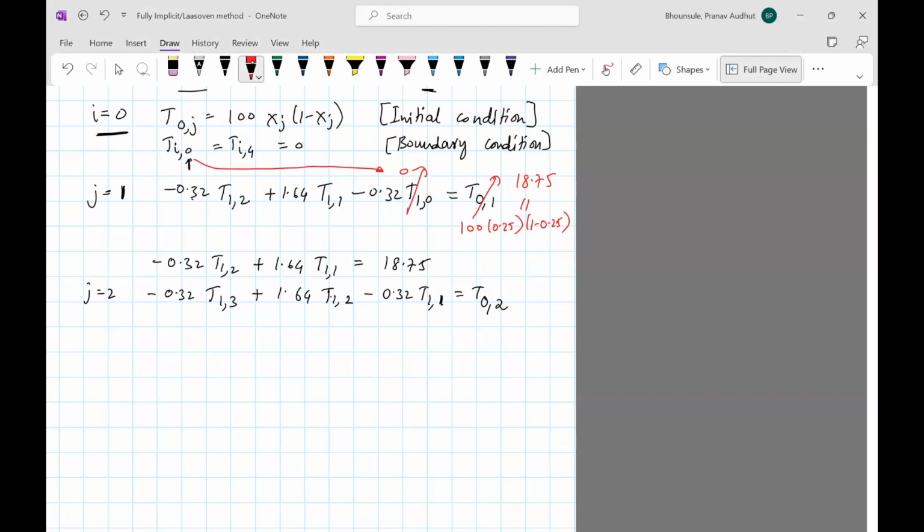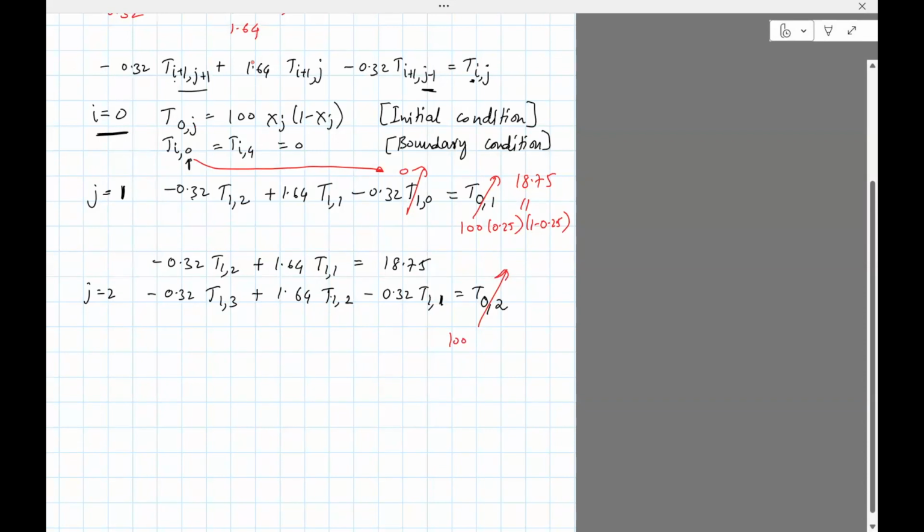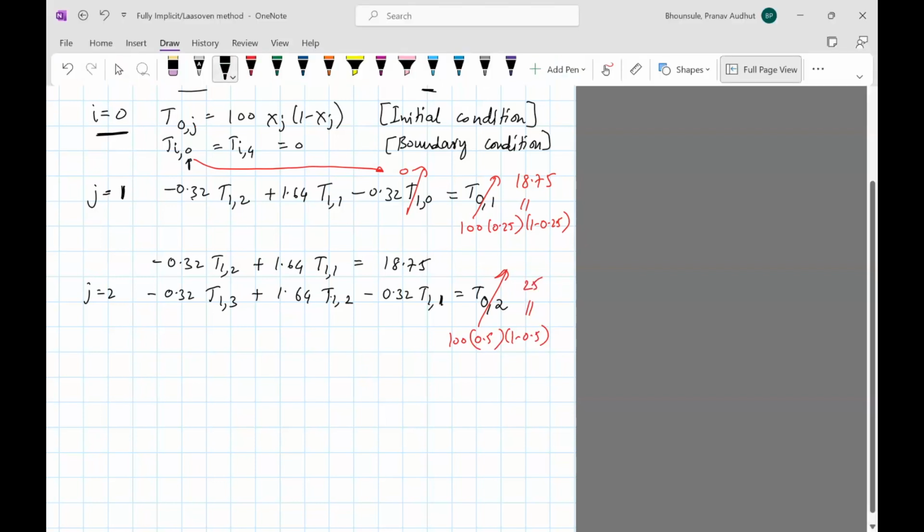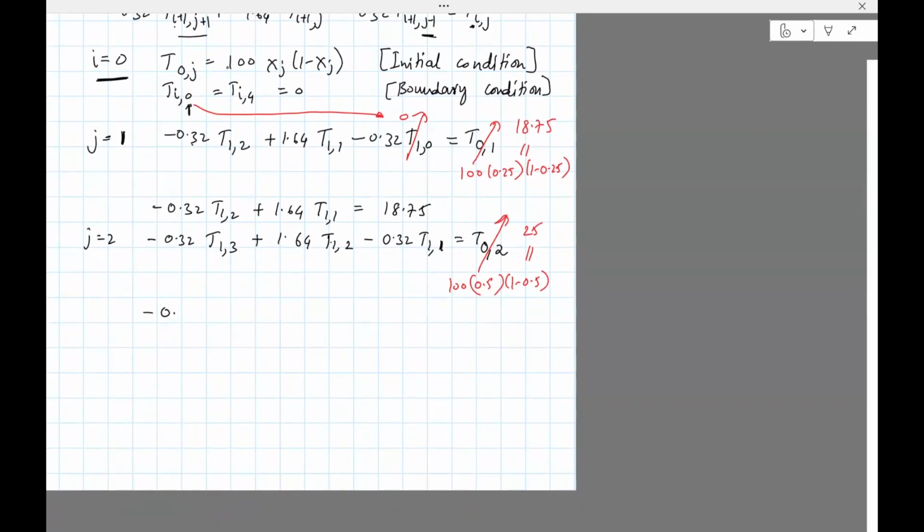In this equation, I don't know what T(1, 3), T(1, 2), or T(1, 1) are, because they are at time t equals 1. But I do know this term: it's 100 times xj at x2. So x2 is 0.5, 0.5 times (1 minus 0.5), which comes out to be 25. So now I can write an equation: 0.32 T(1, 3) plus 1.64 T(1, 2) minus 0.32 T(1, 1) equals 25.